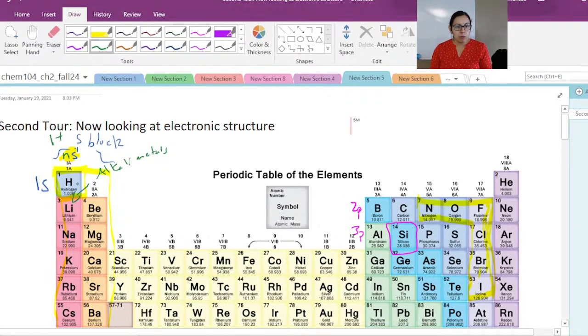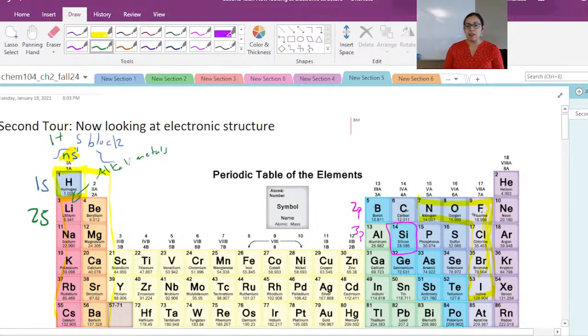So we fill up 1s2, and the s is 2 wide, so that reminds us only 2 can fit. Then we keep going, so now we write a big 2s here. 2s2 again, because only 2 can fit in the s. Now write your 2p here, and now we have p1, 2, 3, 4, 5.